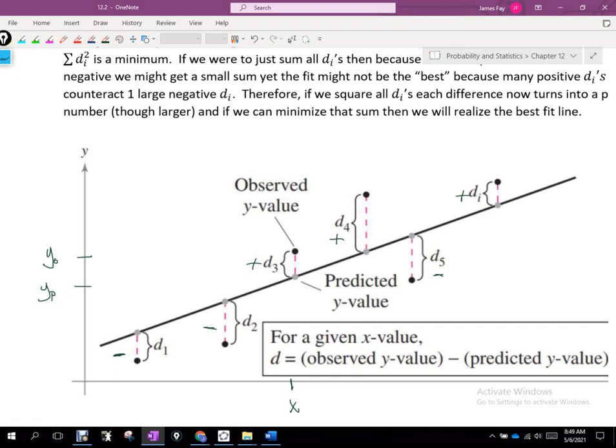So look at D1, D2, D3, D4. They almost negate each other completely. D5, and then that one up there at the top right says D sub i. They almost negate each other completely. So if I were just to strictly add those differences, I'm going to usually get something close to 0, which is not really beneficial for us.